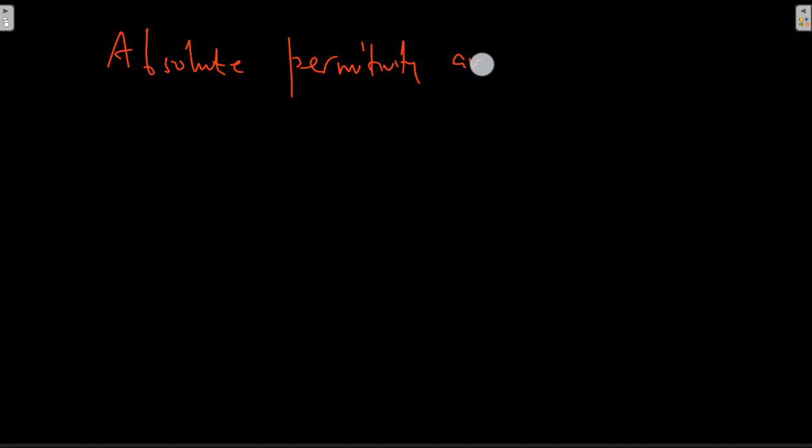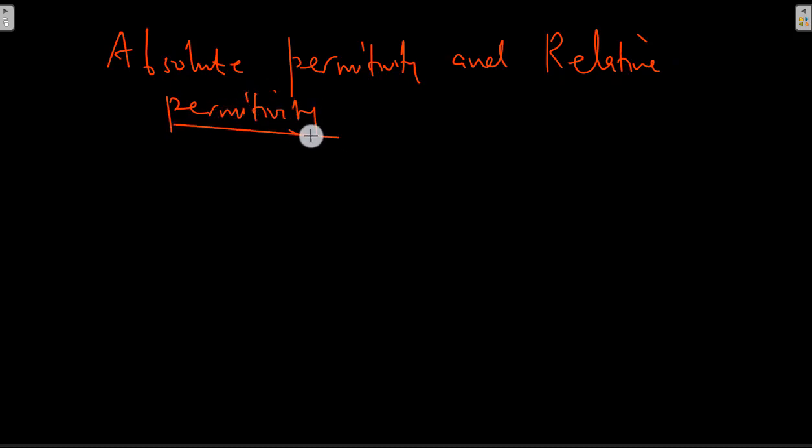Absolute permittivity and relative permittivity. So literally every time we have talked of permittivity, what we actually meant was the term absolute permittivity. The permittivity of a medium is what we call the absolute permittivity.